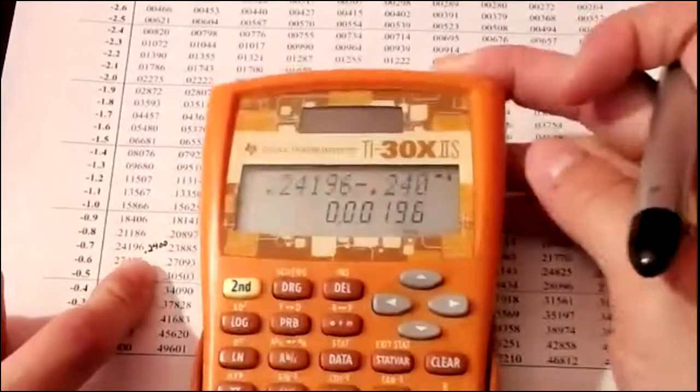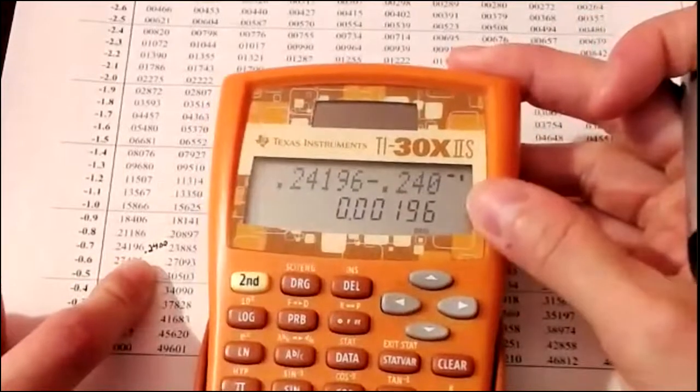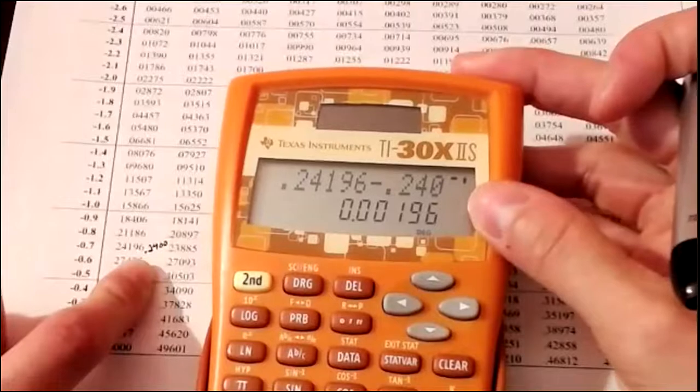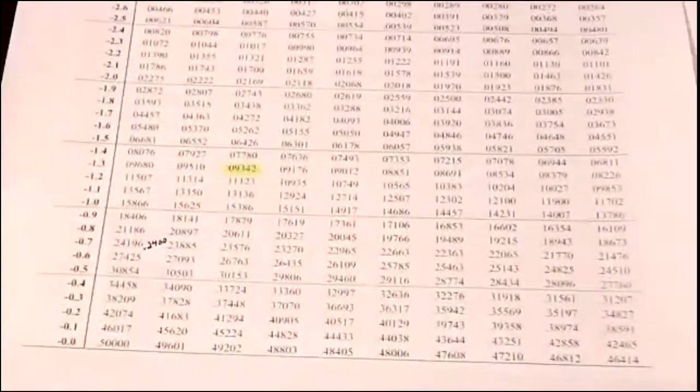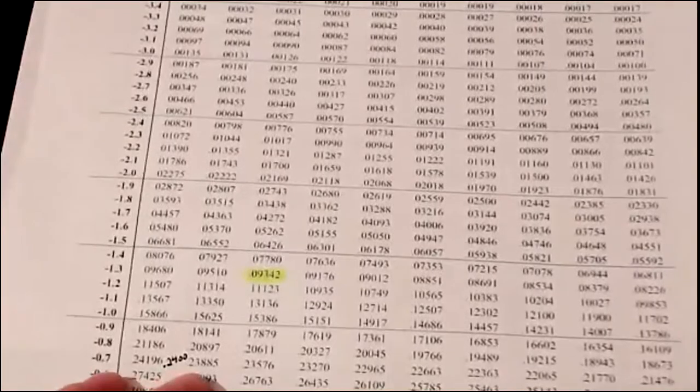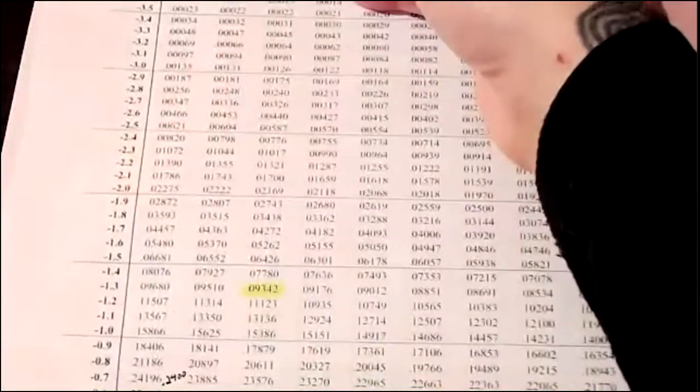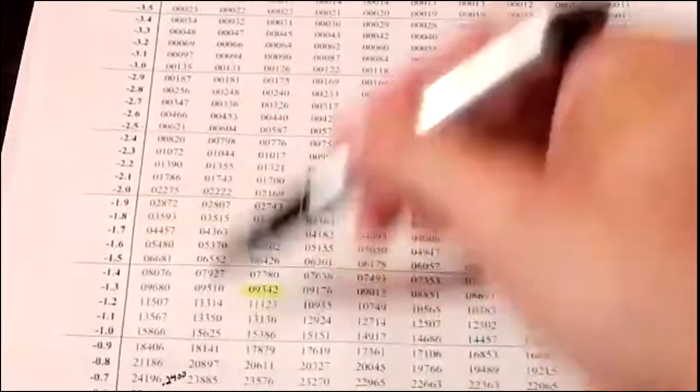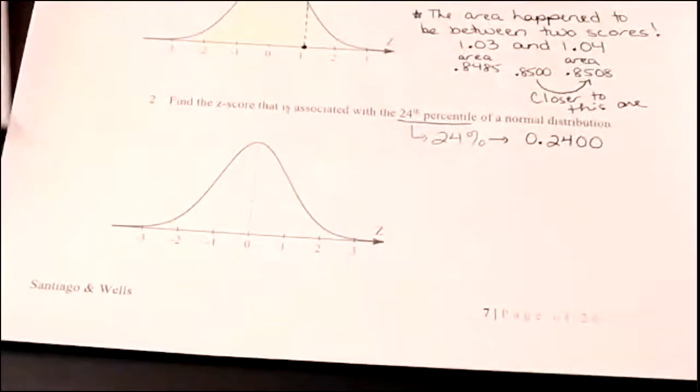That difference is 0.00196. That's something to think about, and it might be worthwhile writing down, so we're not wondering what the difference was. Our z-scores, again, are negative 0.70 and negative 0.71. I'm going to write those as my options.